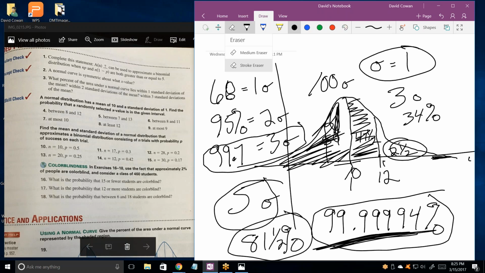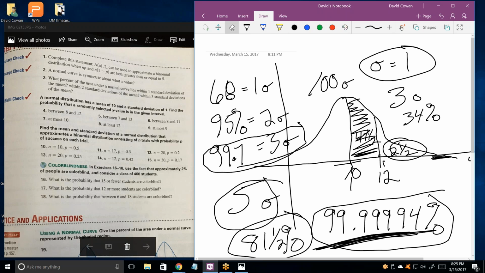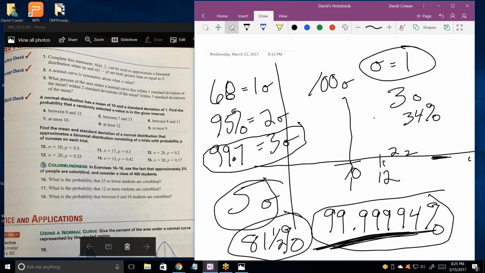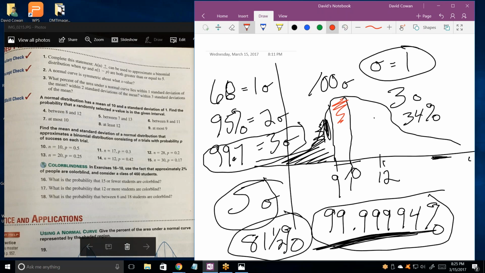At most 9 means that's the left side, so we're talking about this area right here. That's a standard deviation of 1. So what is this area right here? That's the area we want. You do half of 68, which is 34.